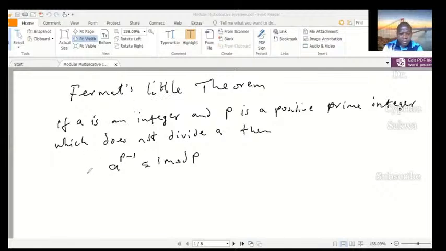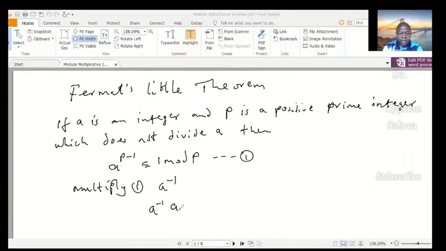That's what it states. Now, how do you use Fermat's theorem to find the inverse of A? I want to call this equation 1 and multiply equation 1 by the inverse of A, on both sides.